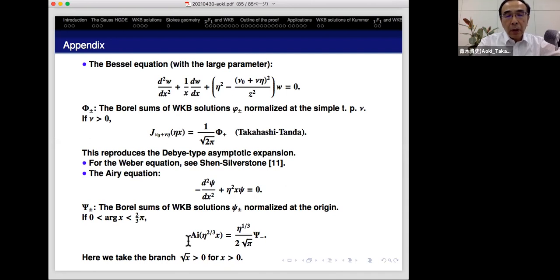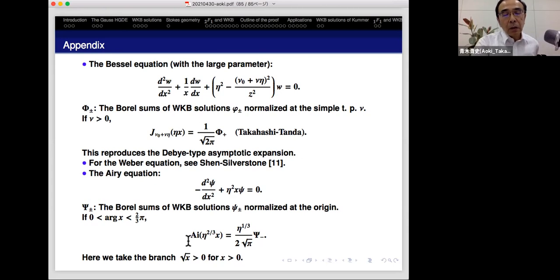But for higher order cases, we have some results for the generalized hypergeometric differential equation. For example, we can compute the Borel coefficients for the equation of 3F2 at the origin and at infinity.